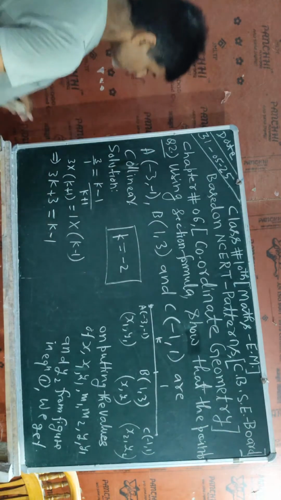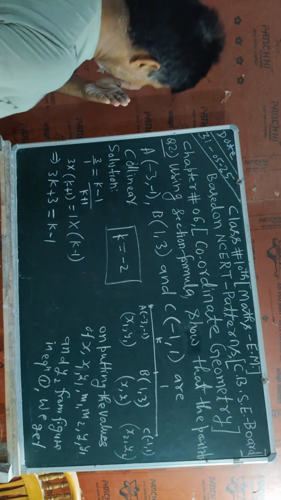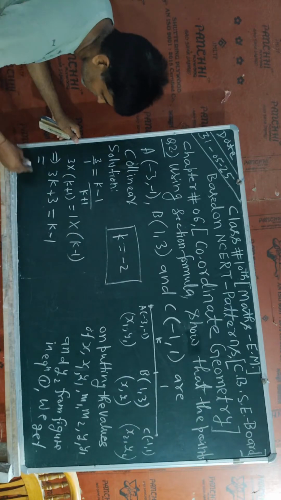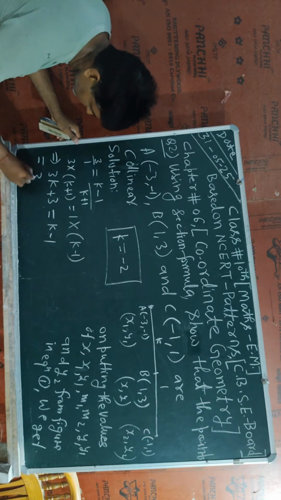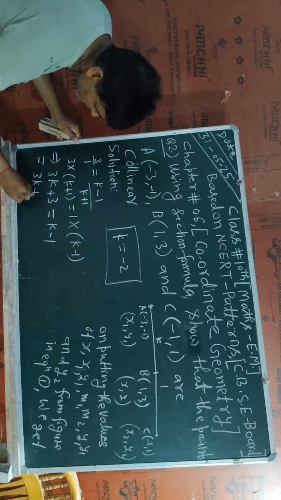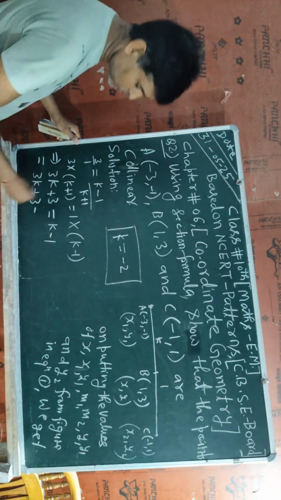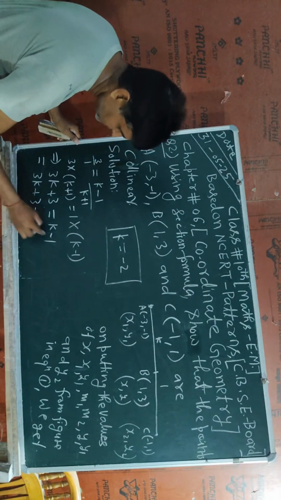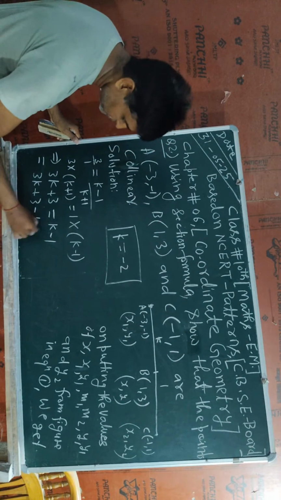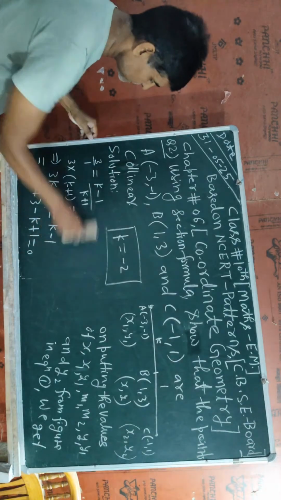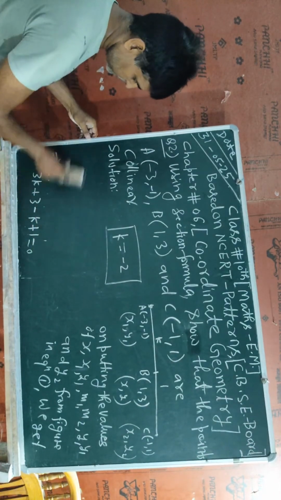Now further I will simplify. I will take all data to the left hand side. This k has a plus sign, so it will come to the left hand side with a minus sign, and this minus sign will come to the left side as plus.